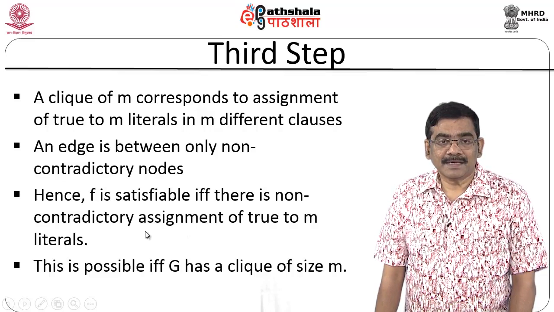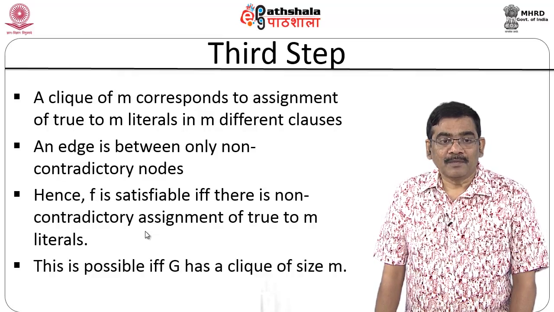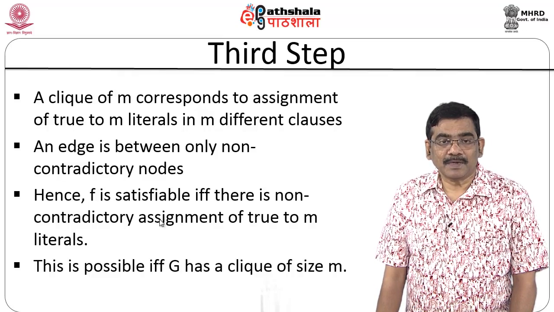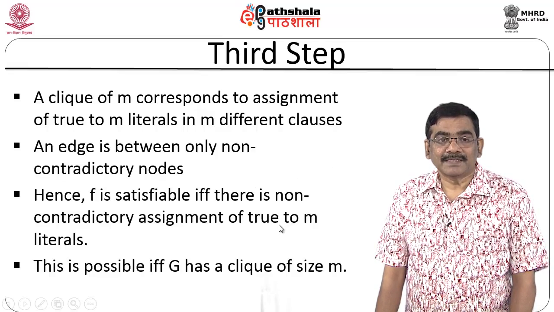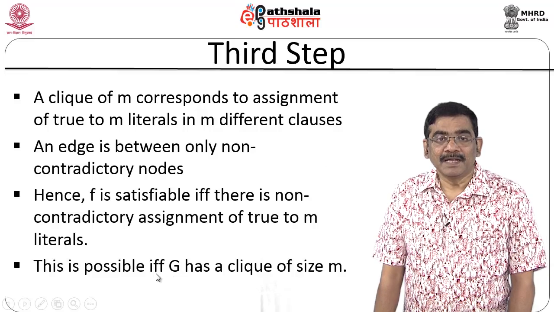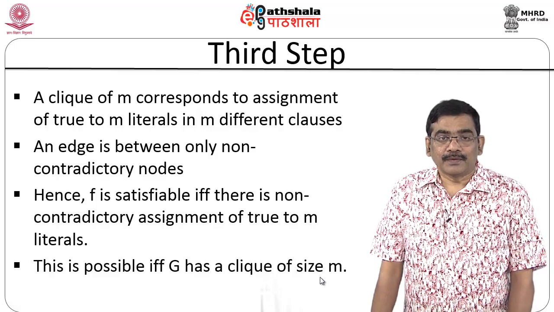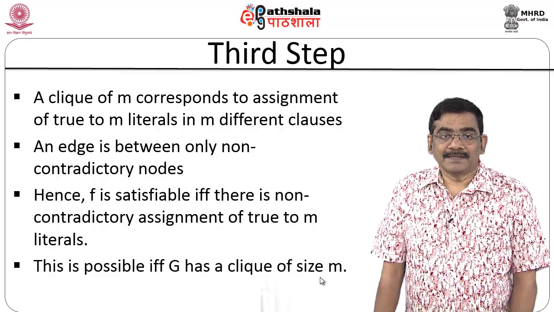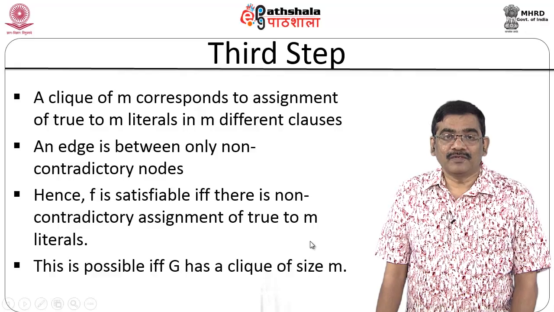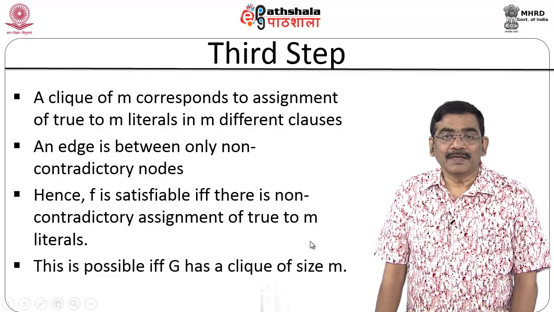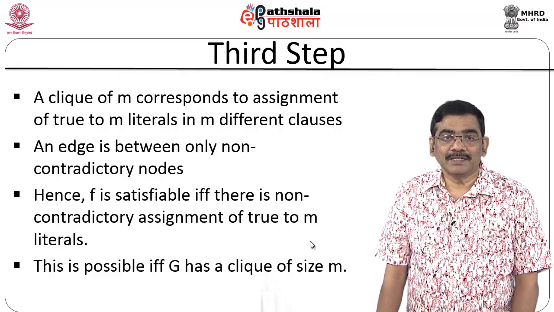Since these m assignments correspond to an m-clique of the graph, this is possible if and only if G has a clique of size m. So, this is the argument. Fine, if the formula has to be true, then all the classes should be true.